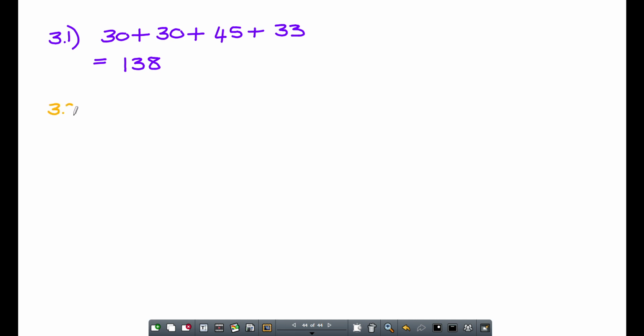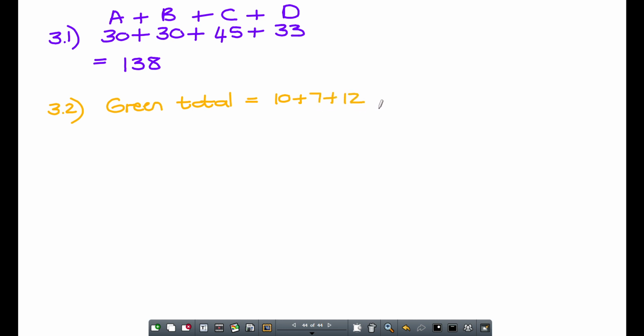Goed, 3.2. Miskien moet ek net hier vir jou sê A plus B plus C plus D. Dalk gaan dit bietjie meer sin maak. Nee. Okay, dan by 3.2. Determine the probability as a percentage of a child getting a green pack. Okay, so nou moet ek gou eers gaan kyk hoeveel was daar in totaal vir groen. The green total would be 10 plus 7 plus 12 plus 9.